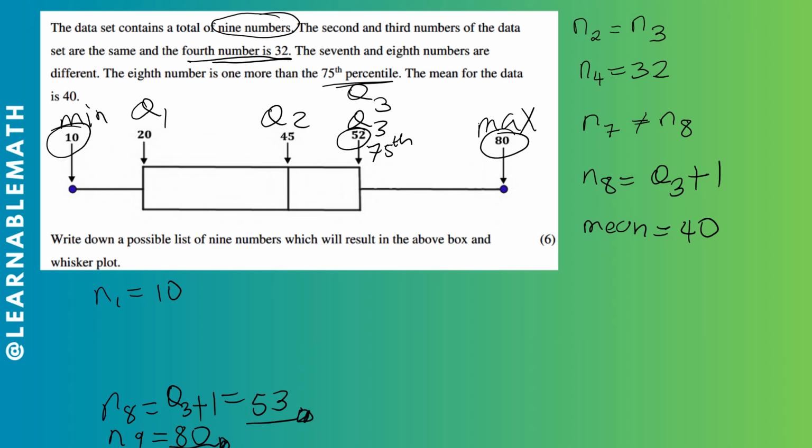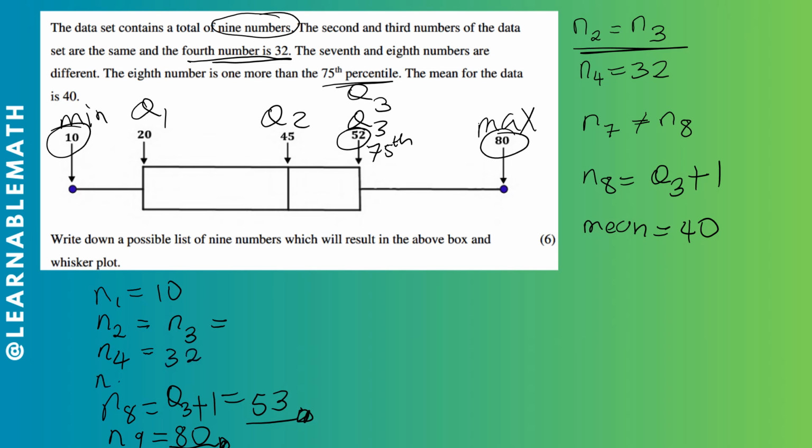Then do we have something else? We have N2 is the same as N3, and we'll get the answer for that. We have N4, number 4, which is 32.